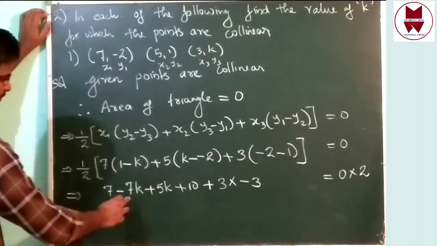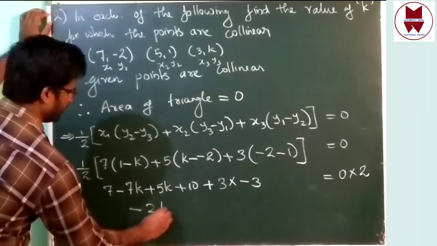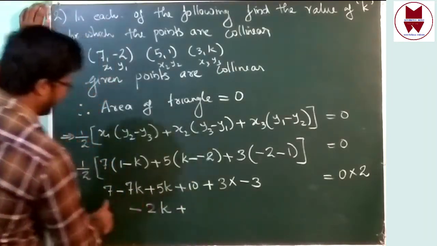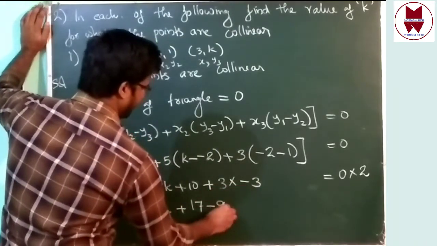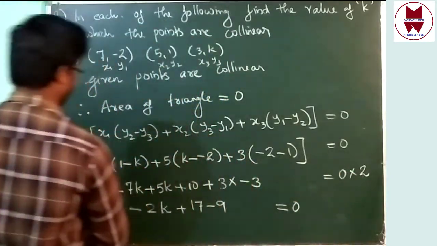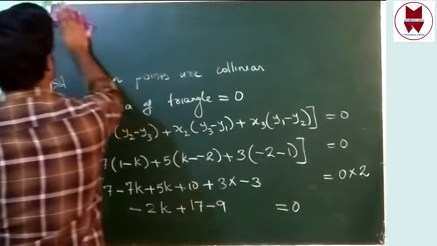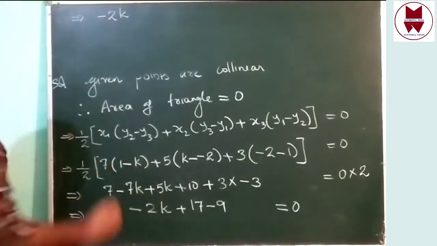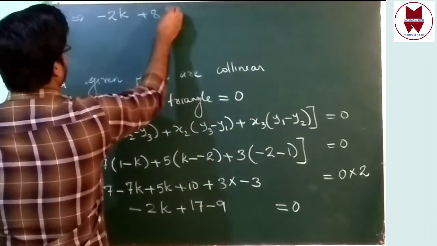Then we can do minus 7k plus 5k. We'll get minus 2k, isn't it? Then 7 plus 10, 17. Then minus 3 into 3, 9, equal to 0 into 2, 0. Minus 2k, 17 minus 9, that will be plus 8, equal to 0.